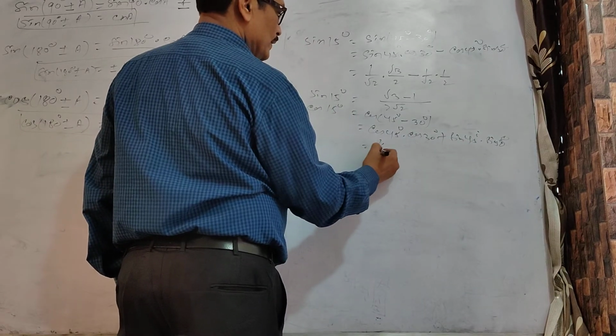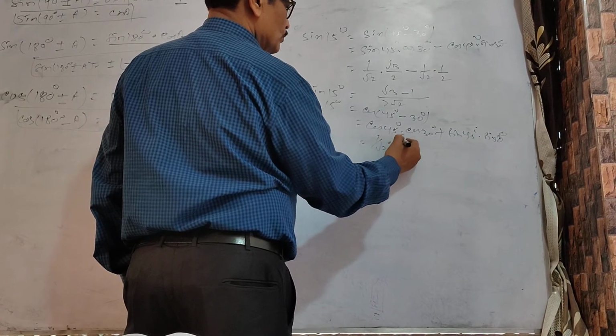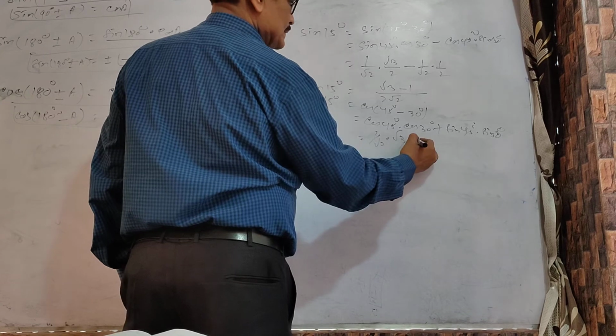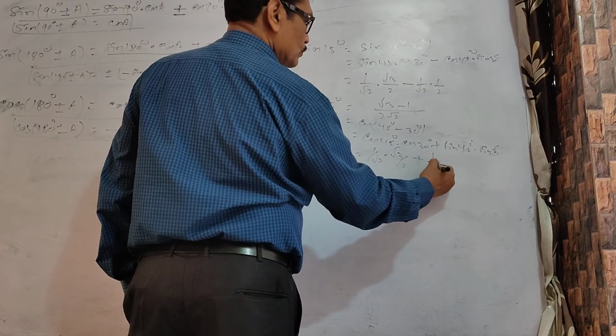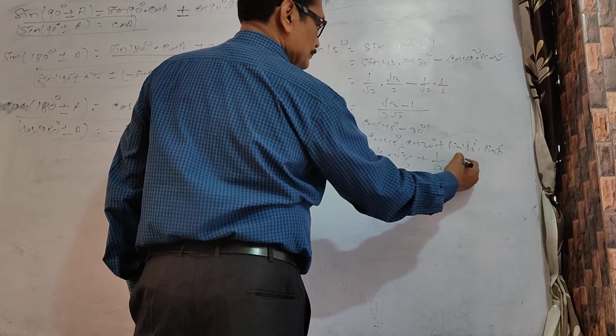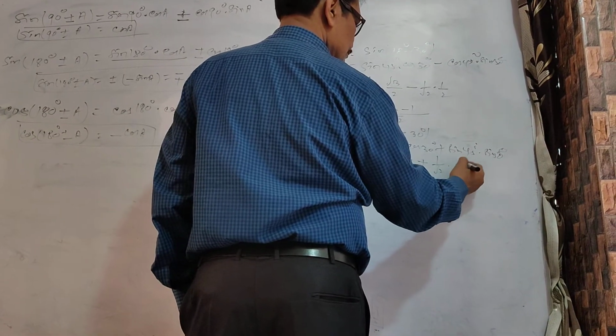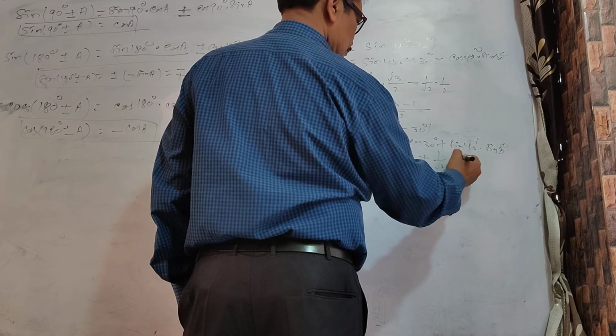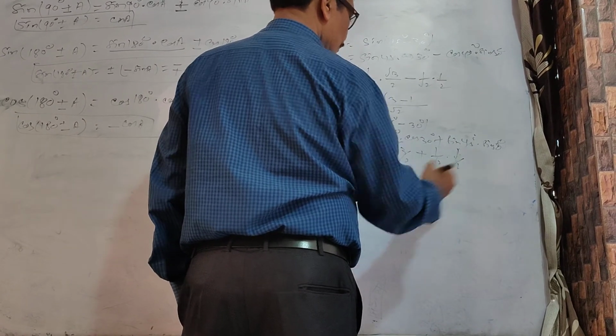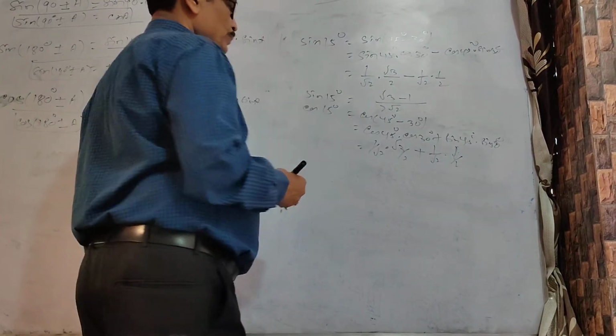So 1 by root 2 into root 3 by 2 plus 1 by root 2 into 1 by 2. So this result may be obtained.